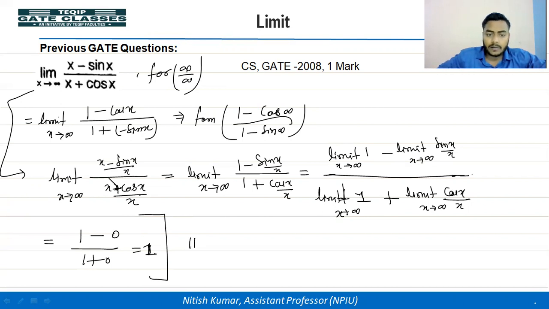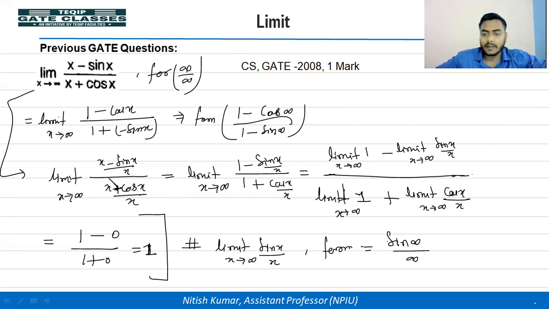Note down limit x goes to infinity sine x by x. Okay, so how is this 0? See the form here. Sine infinity divided by infinity.